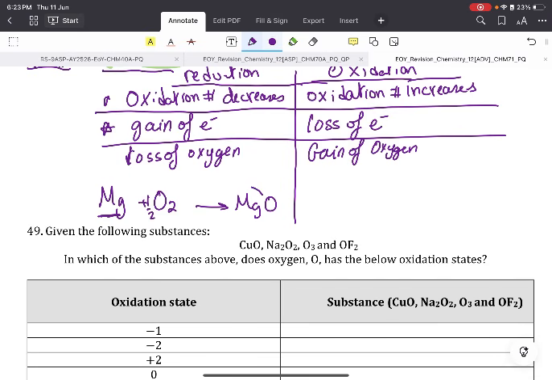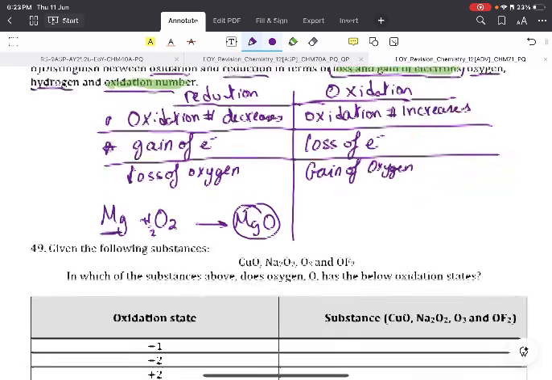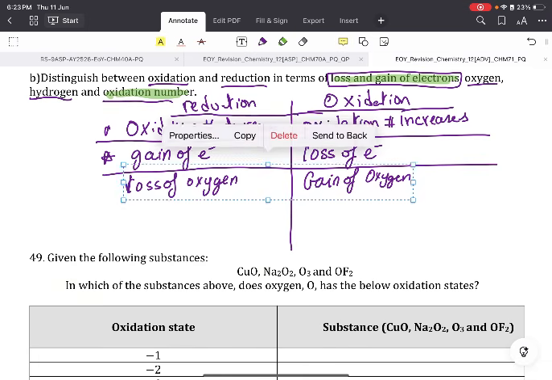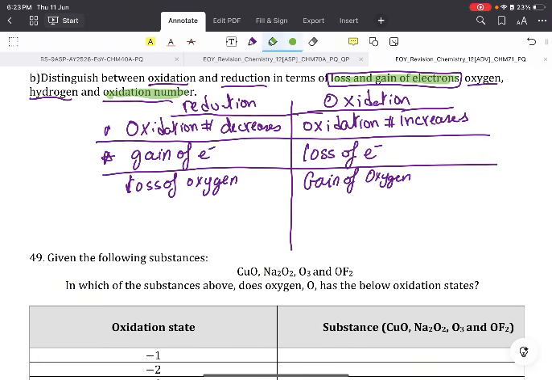Magnesium here is now coming with oxygen, so it gained oxygen. So that's an oxidation. Or if you look at the oxidation number, that's a 0, and here it's in a compound, it's +2. So it doesn't contradict with what we said. So if this is an oxidation, then loss of oxygen is a reduction.